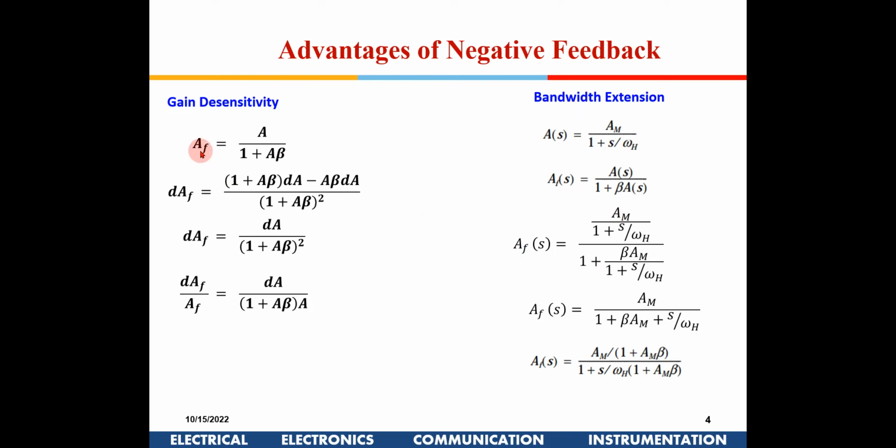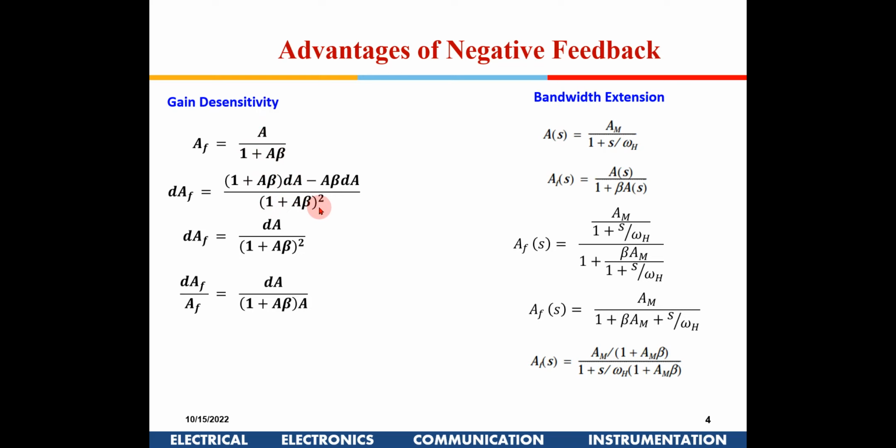The feedback forward gain is given by A over 1 plus A beta. So I am differentiating it with respect to A. Beta is constant because that is a pure resistive or capacitive network, which doesn't vary. But A varies, A can vary with load. So I am assuming A to be a variable here and doing the differentiation.